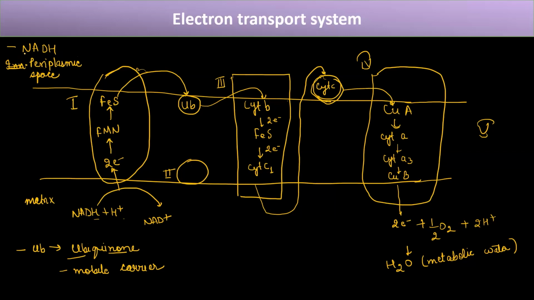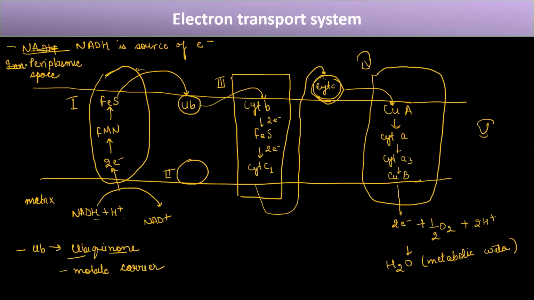In the case if NADH is the source of electron, this is how the electron moves. So what we can see from here, first of all, what different thing are we seeing here?